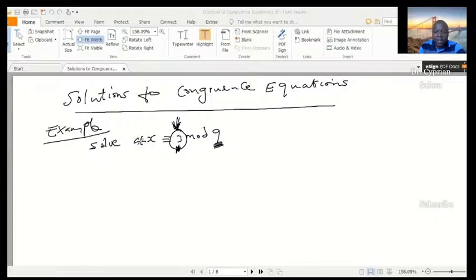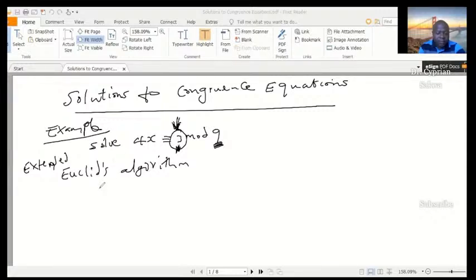And in our previous video, we looked at how to find the inverses. We use Euclid's algorithm, or you can call it extended Euclid's algorithm. I want to find the solution to this if it exists.